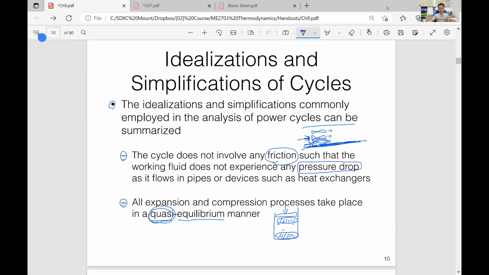But quasi-equilibrium here means the process happens so slowly that the material can adjust by itself to make the material property at this area the same as this area, the same as everywhere. Okay, so basically quasi-equilibrium is just equilibrium. Okay, but from a microscopic point of view, this is what happens.